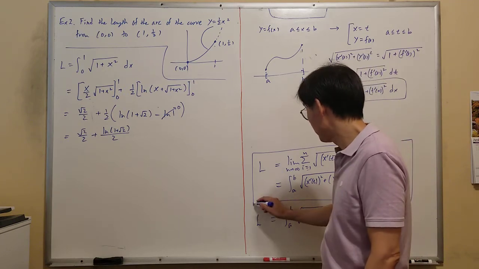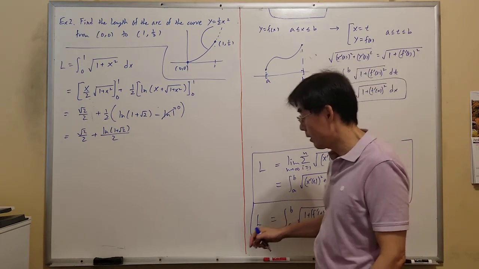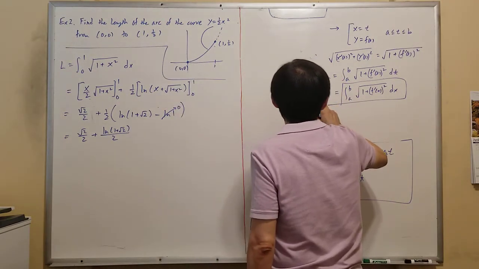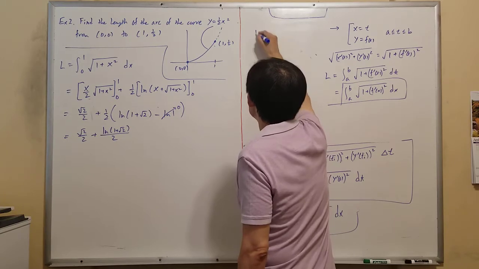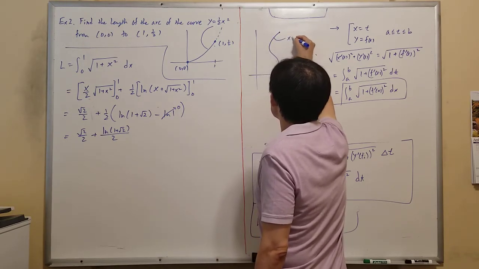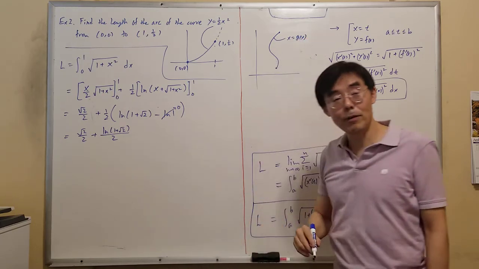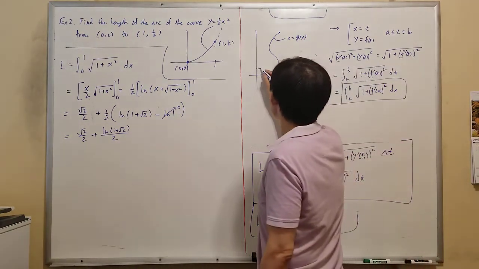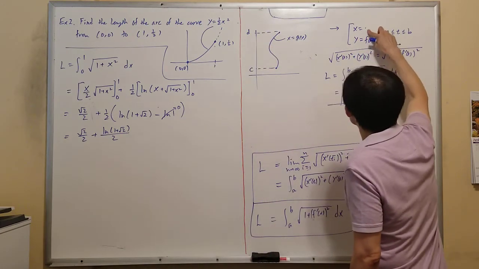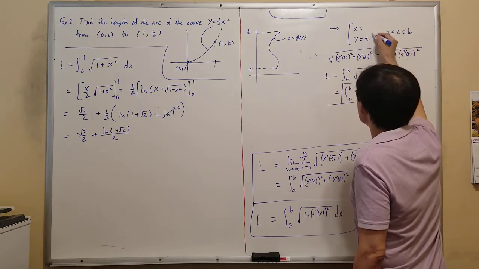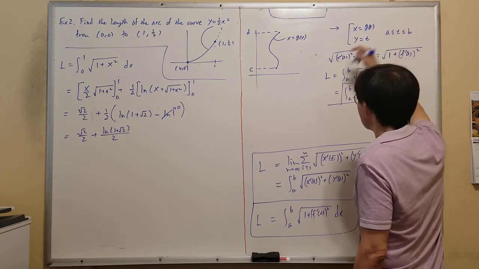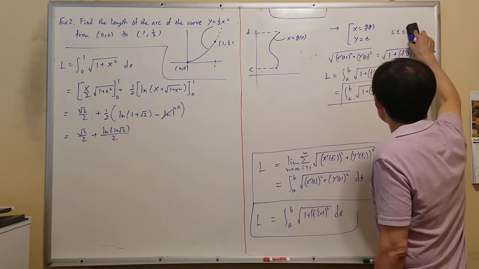Now, one last thing is, what if your graph is not y equals f of x, but x equals g of y, x as a function of y, from c to d. Then you're going to use y equals t, x equals g of t, right? T from c to d.